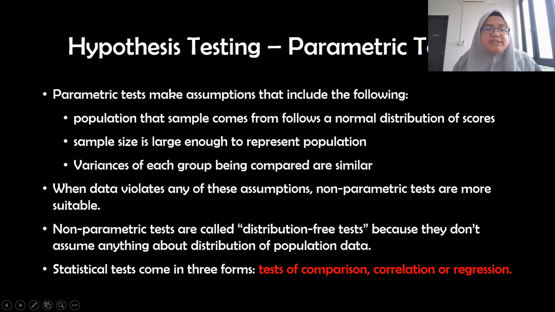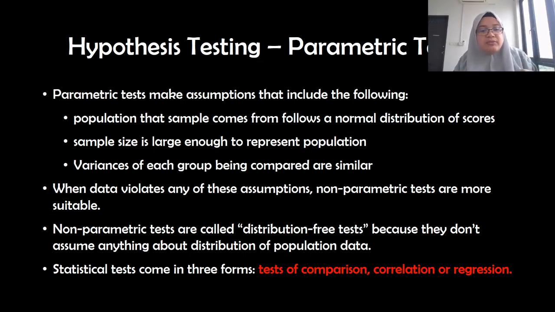Okay, so as I mentioned before, there are two types of hypothesis testing that we can conduct: the first one is parametric testing and the second one is non-parametric testing. So parametric tests make assumptions that include: the population that the sample comes from follows a normal distribution of scores, the sample size is large enough to represent the population, and the variance of each group being compared is similar.